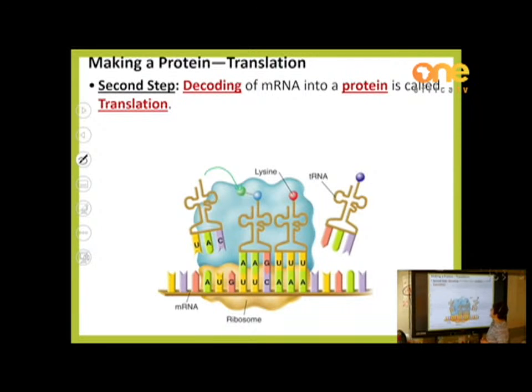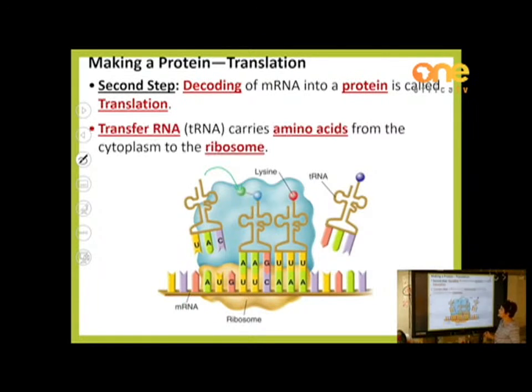string. That is translation. The mRNA coding for a specific tRNA with its attached amino acid that will be sequenced inside the ribosome. That will be called translation.